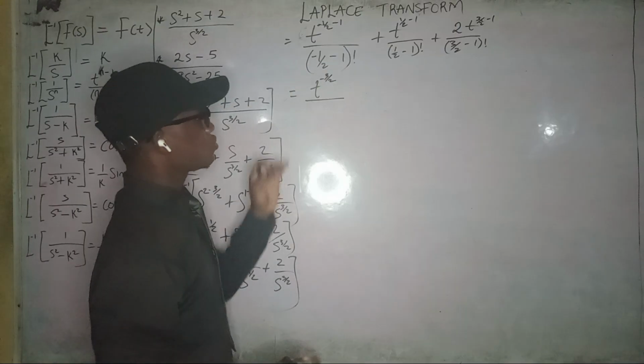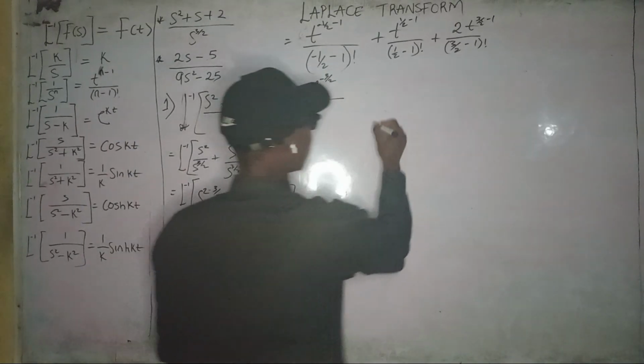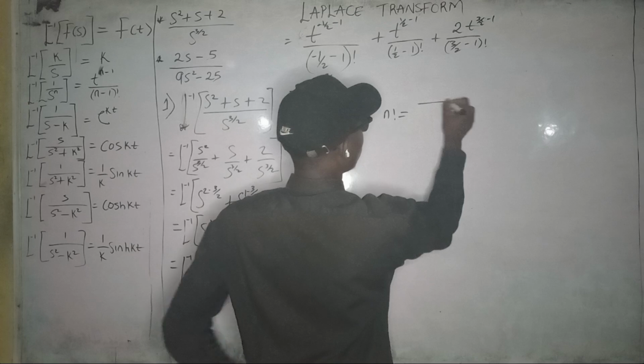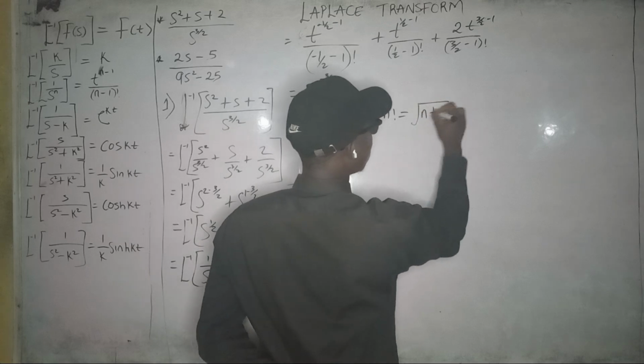Now we know that gamma n factorial is equal to the gamma function of n plus 1.